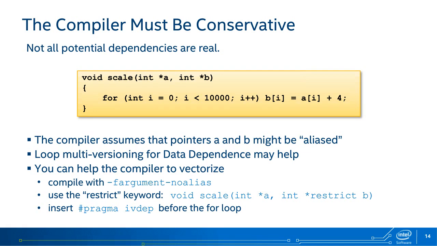There are also two other options available here. One is to use the restrict keyword, which says that this pointer cannot alias with any other inside these functions. Or you can also use a pragma ivdep, which is an Intel compiler specific pragma, which is saying ignore vector dependencies before the loop.